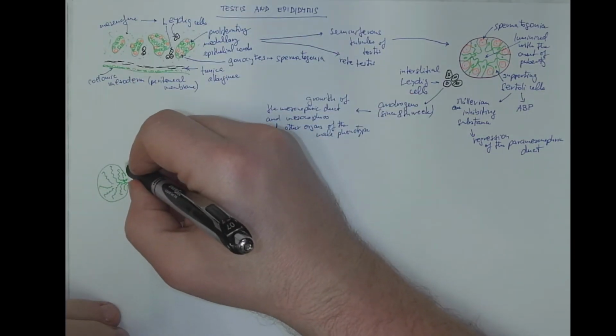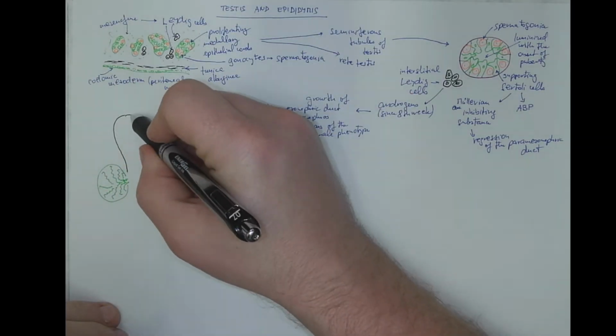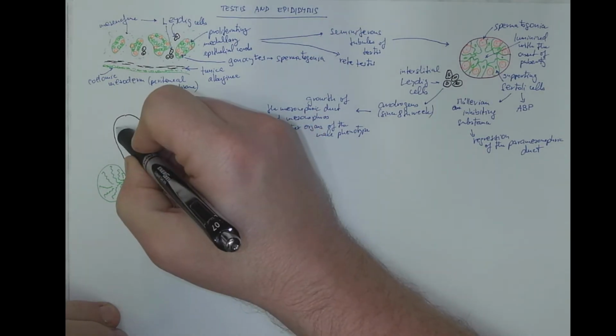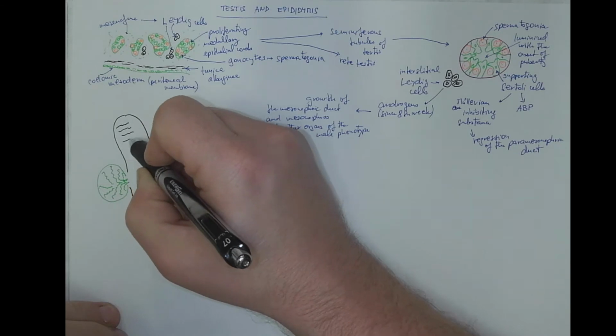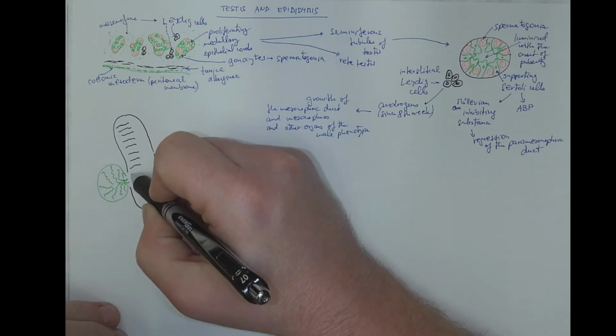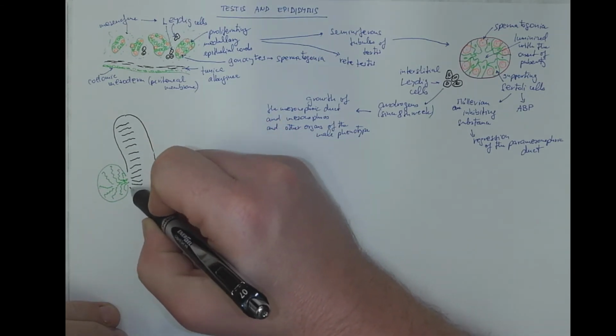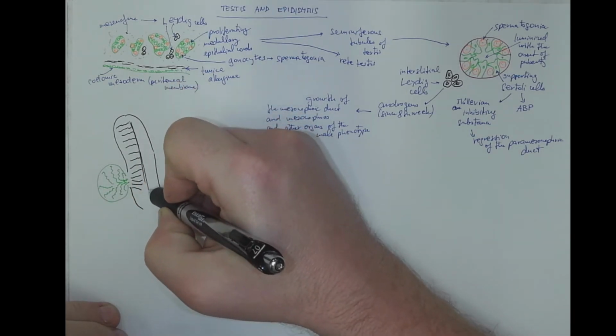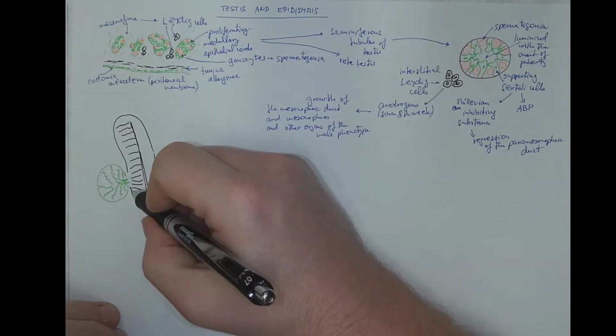Then the mesonephros, which is a larger organ with its mesonephric ductules that are drained by the mesonephric duct, because it serves as an excretory organ first.